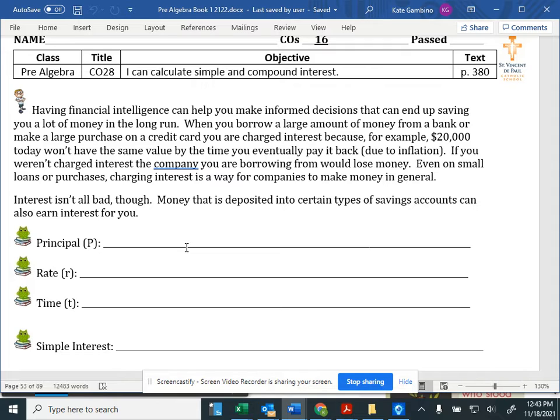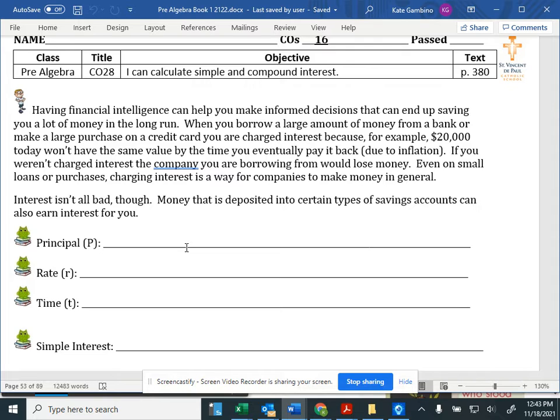So if you're taking a loan out from a bank, usually you get like 5 years to pay it back. Well, the dollar today is very different than the dollar 5 years from now. So if you weren't charged interest, the company you are borrowing from would lose money. Even on small loans or purchases, charging interest is a way for companies to make money in general.